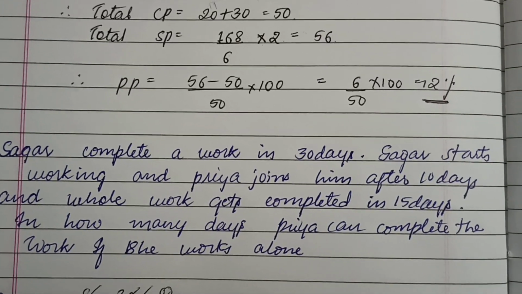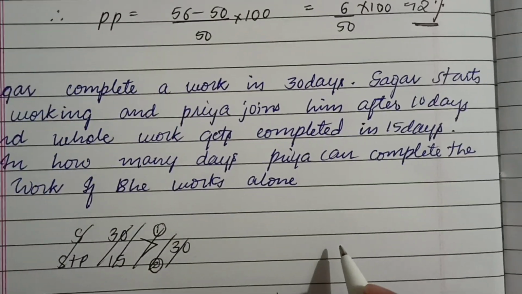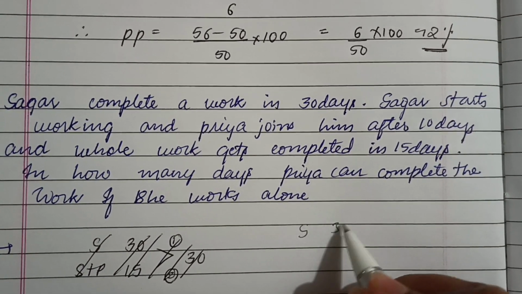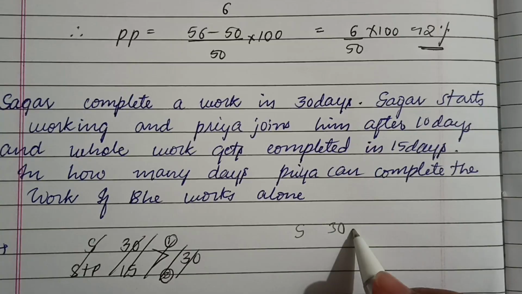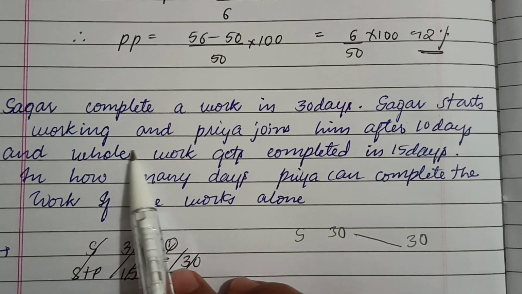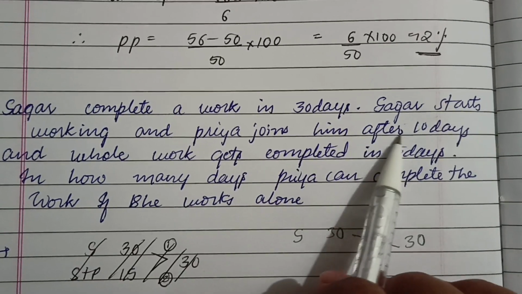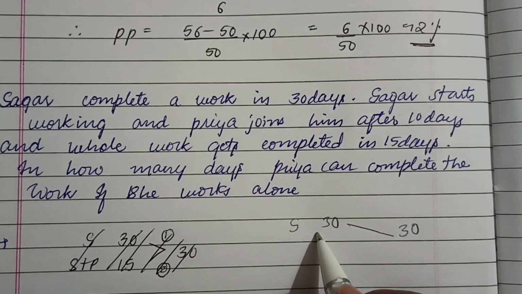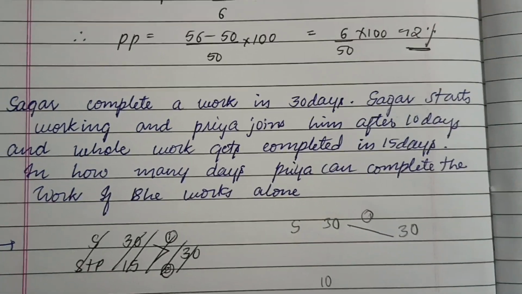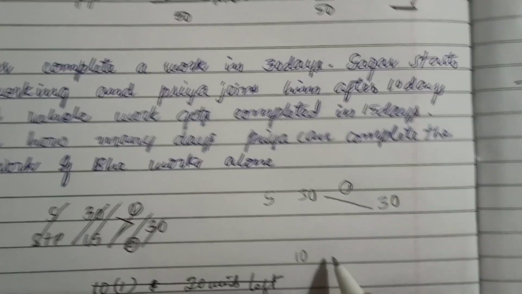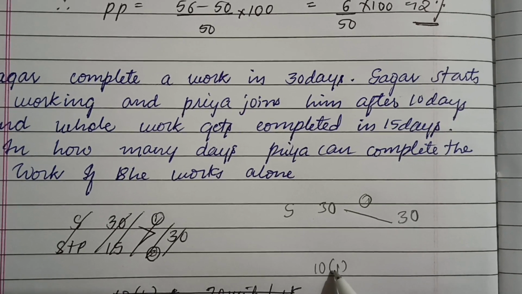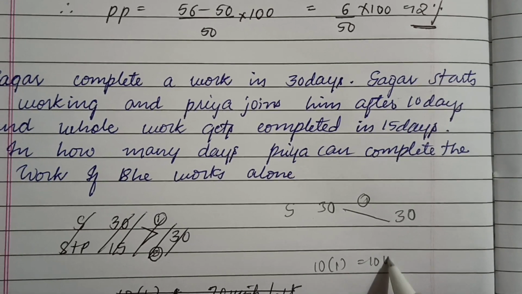According to the question, Sagar has the capacity to complete the work in 30 days. So I can assume the total work as 30 here. He starts working alone, and Priya joins him after 10 days, meaning Sagar works for 10 days alone. His efficiency will be 1. Therefore for 10 days with 1 unit of efficiency, 10 units of work will be completed.